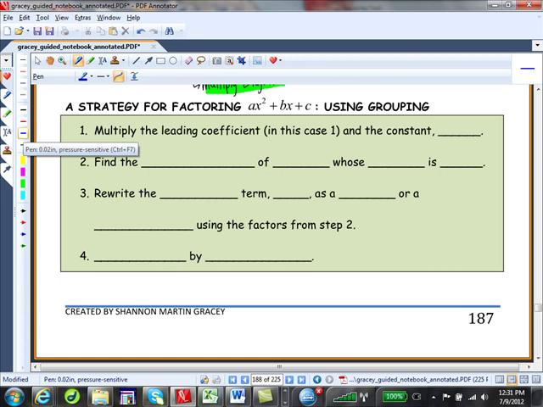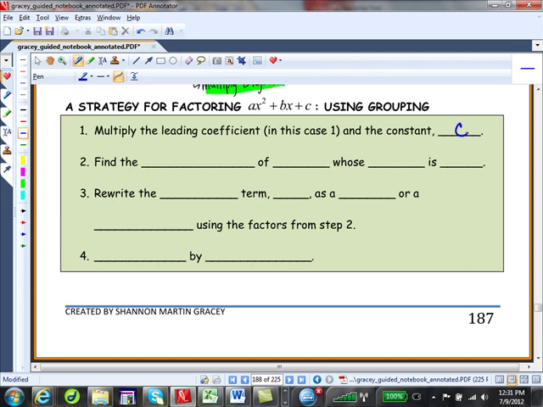But I like to give you the rule in general so you get used to the fact that you're multiplying a times c in order to break this up into 4 terms so that we can use our factoring by grouping that we learned in 6.1. So here we go. Multiply the leading coefficient, in this case 1, and the constant c. Sometimes it's not a constant. It might be a term like with y or y squared, you know.